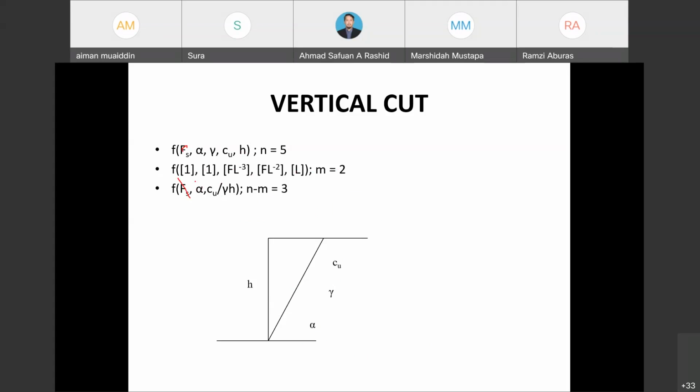So definitely Fs is number 1, alpha is number 2, while the rest are based on the remaining parameters. Okay, so that is the power of the primary dimension, which is related to the parameters. This is more related to the parameters that we want to investigate in the research.